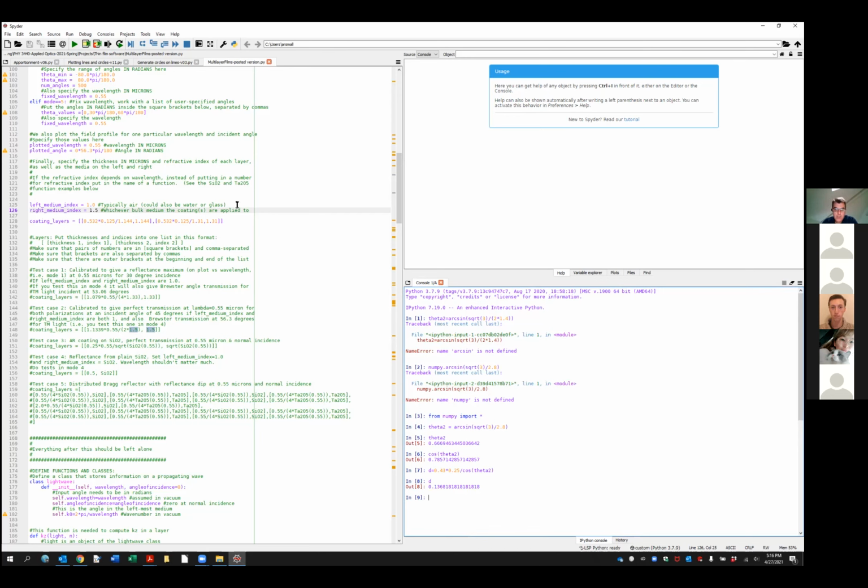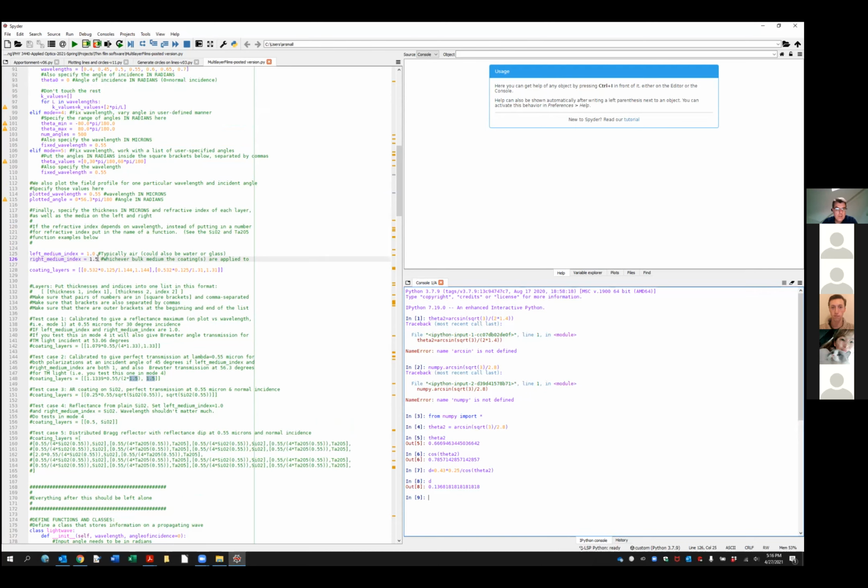Okay, that's interesting that that's a repeating decimal. I did not expect that. So now in here, we've got BK7, so the refractive index of BK7 goes into right medium index. And our coating layer thicknesses, we're only going to have one layer here.